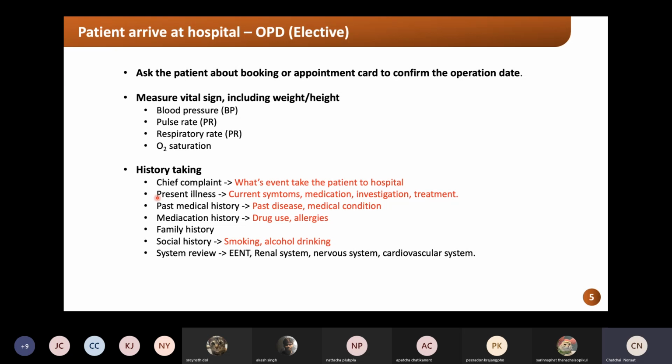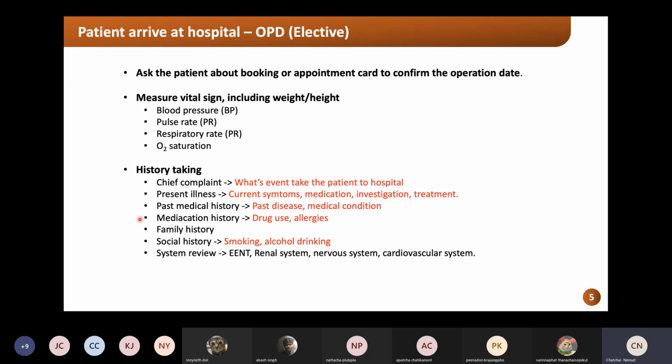And the third one is the past medical history, like past diseases or medical conditions. Some patients may have medical conditions like diabetes mellitus, or DM, or hypertension, or dyslipidemia, or kidney disease.